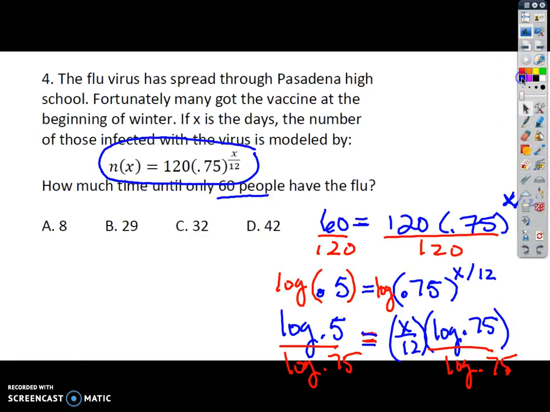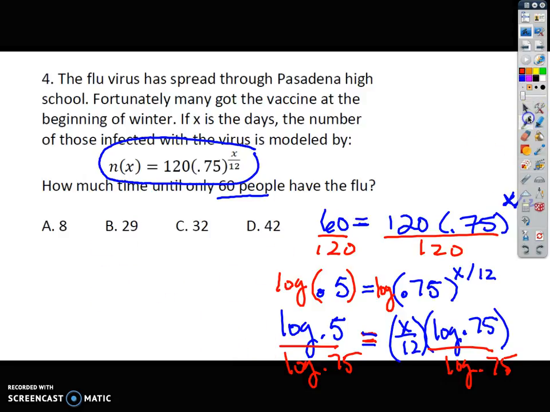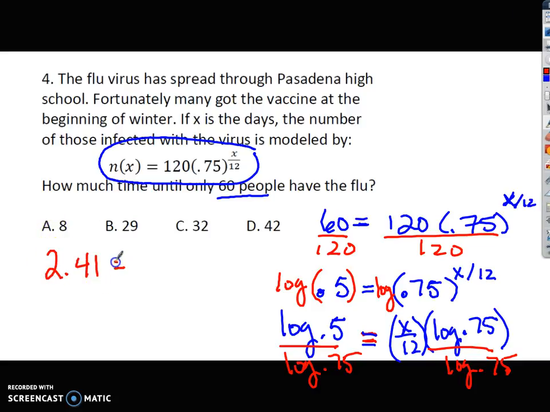So we'll bring all my work over to this side. So this is going to be 2.41 is equal to, remember, we divided by log of 0.75. So these cancel out, and all I have is x over 12.